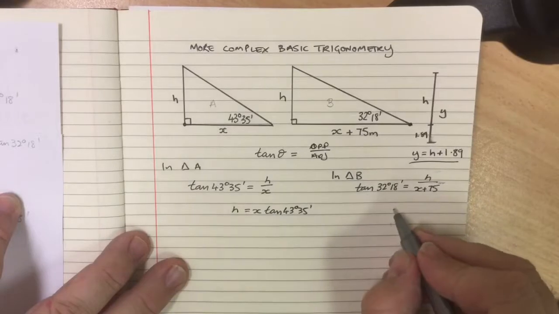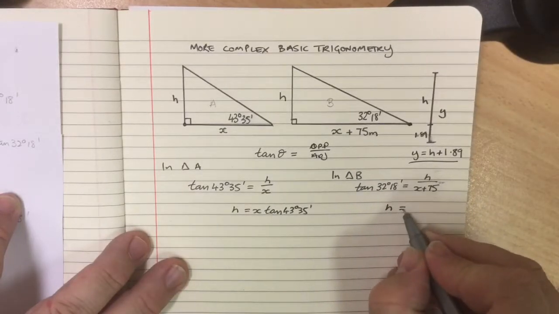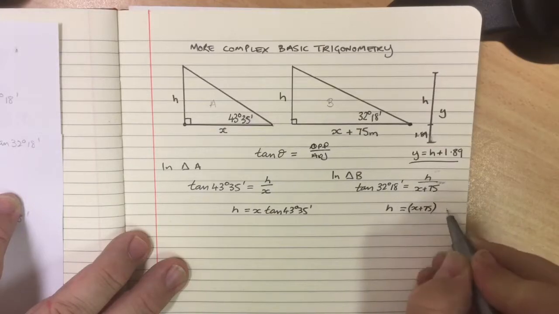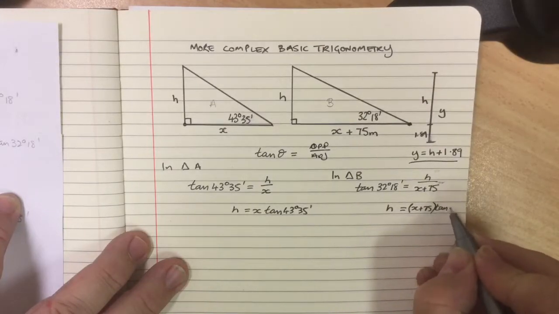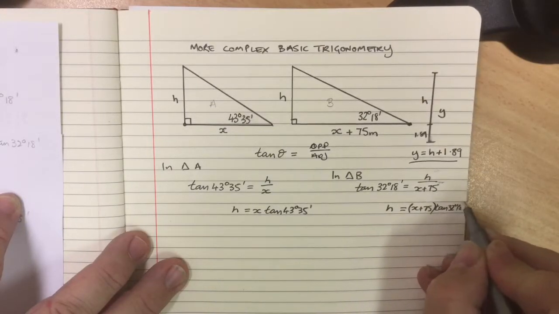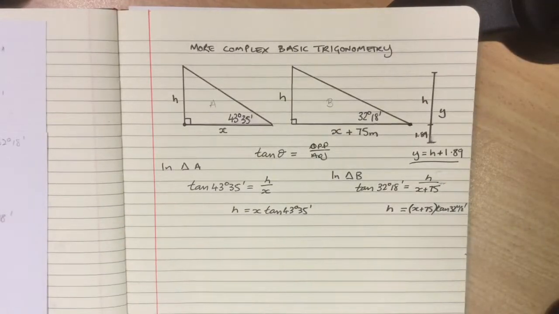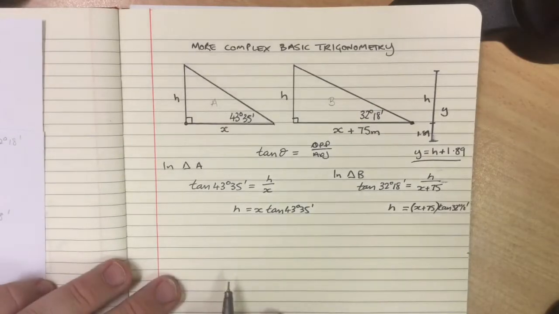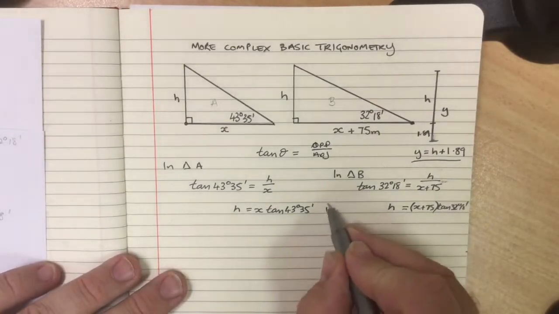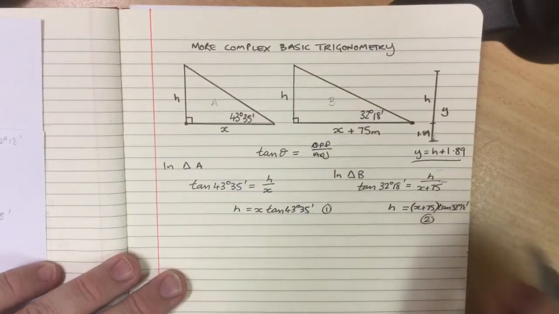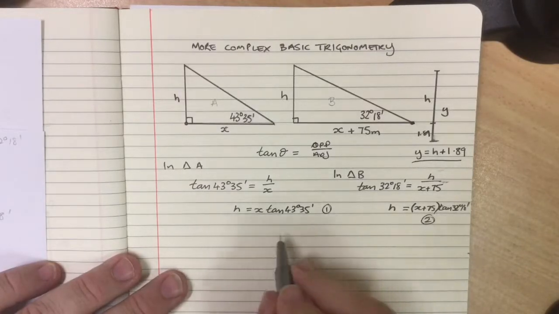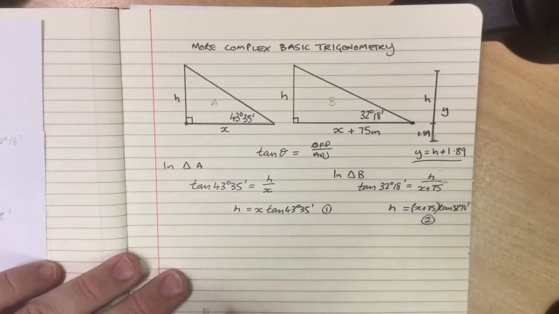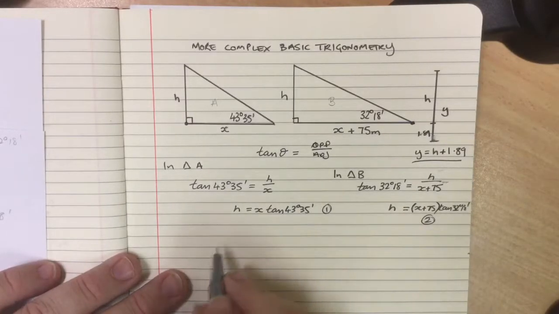Again, I just need the expression in terms of h, so h is equal to x plus 75 lots of tan 32 degrees 18 minutes. Now that we've got two expressions for h, we can call this equation 1 and this equation 2. We can now write that they are equal, because they're both the height of the building.